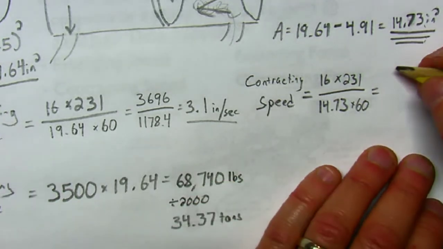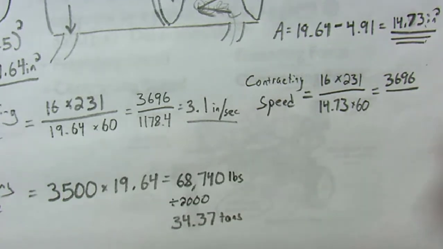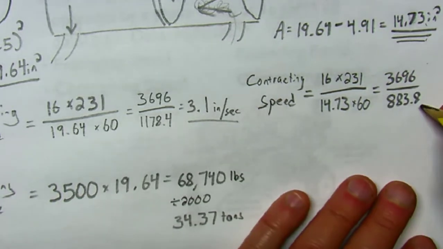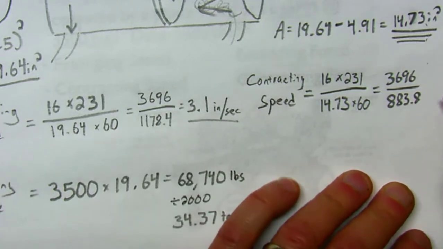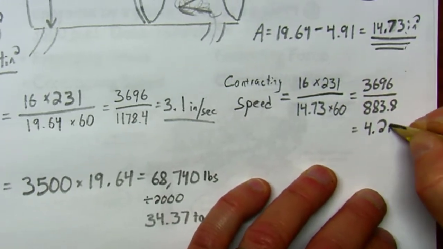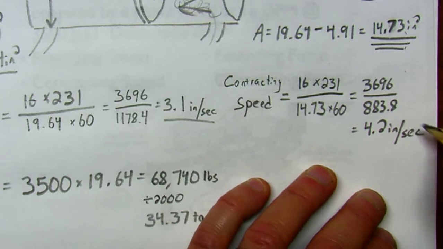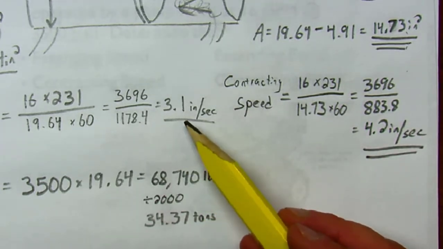Top number, still going to be 3696. Bottom number, not going to be the same. Bottom number turns out to be 883.8. Then we'll divide 3696 on the top by 883.8, and that turns out to be about 4.2 inches per second. And as we expected, that's a little bit faster than when it was extending. That was only 3.1 inches per second.